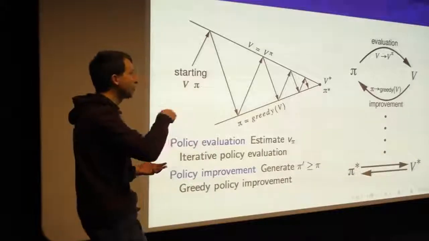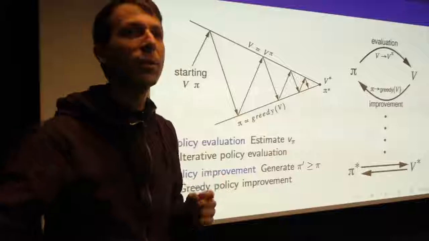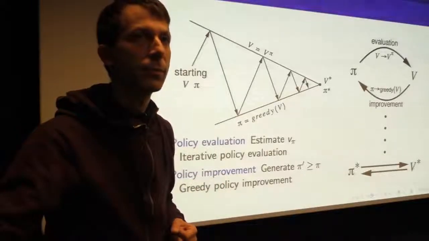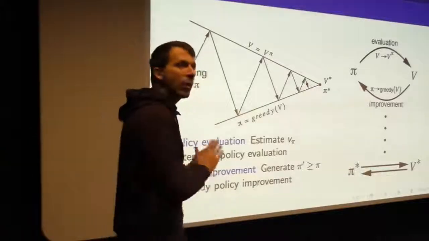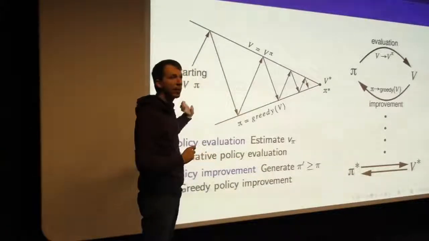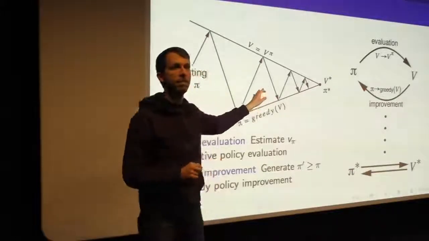So we can just iterate this process, and we have a solution method for an MDP. Question? So it doesn't matter where you start? No matter where you start, for any value function, any policy, you will always end up with the optimal value function and the optimal policy.